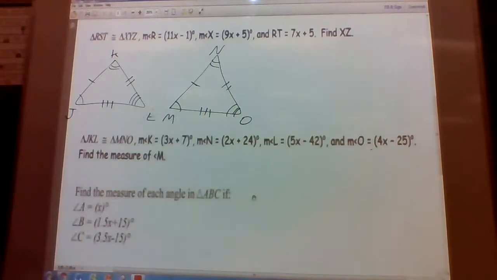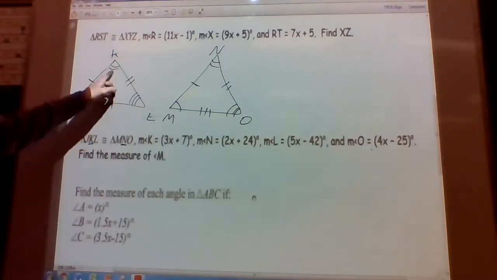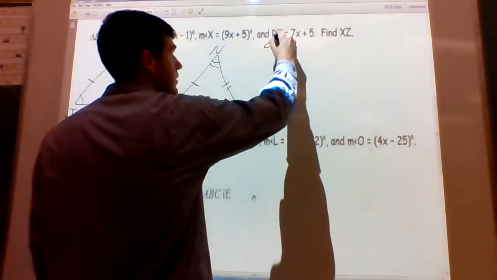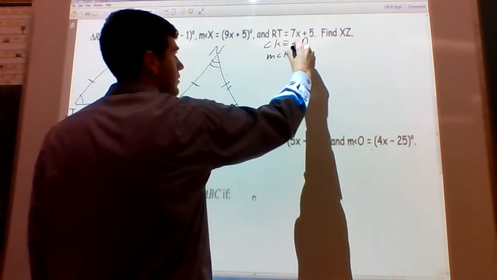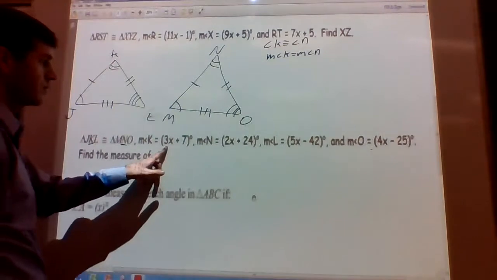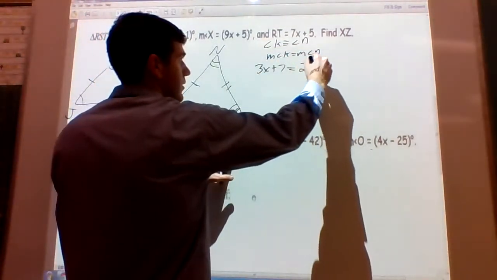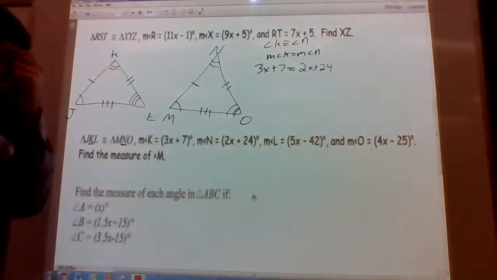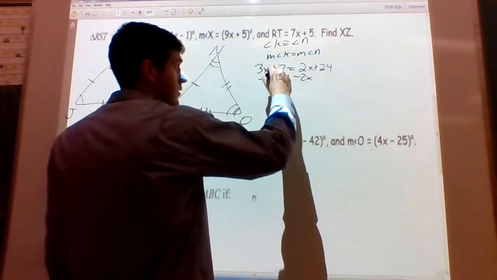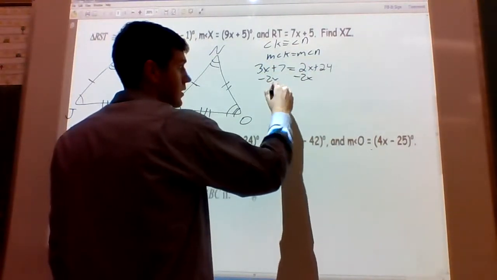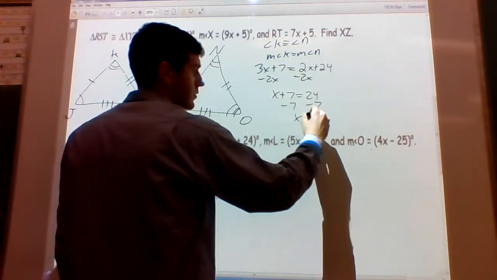So we know angle K is going to be congruent to angle N. So we know the measure of angle K is going to equal the measure of angle N. So 3x plus 7 is going to equal 2x plus 24. I'm going to subtract 2x from both sides. x plus 7 is 24. Subtract 7. x is going to be 17.